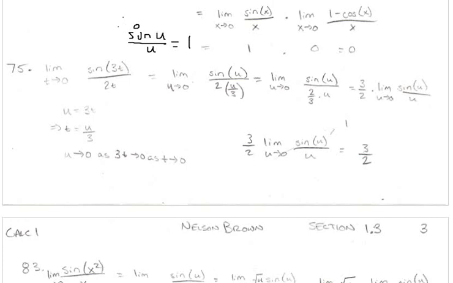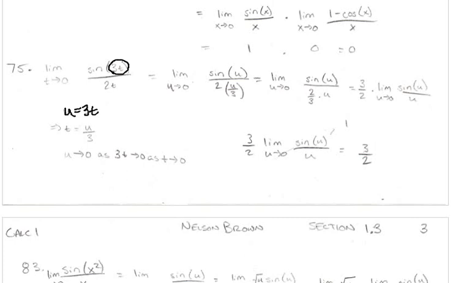So what we need to do is have a 3t somewhere on the bottom, or at least do a rewriting of what 3t is. So let's just call this one quantity, and we'll call that quantity u. So u is equal to 3t. This means that t is equal to u over 3. And we can look at what happens as t goes to 0.